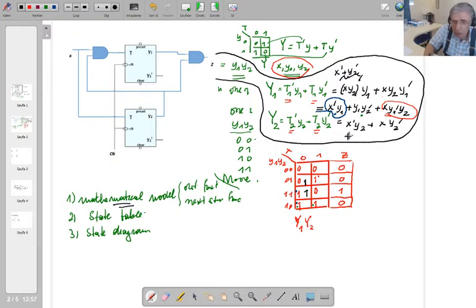So this 1 and this 1 comes from this product term. So the other product term is x y2 prime. x is this column, y2 prime is those two rows, so first and fourth.